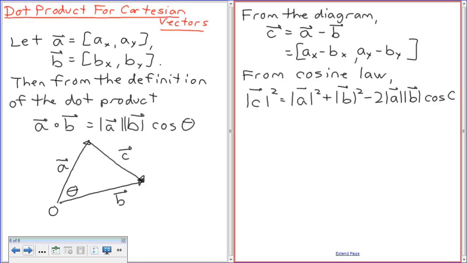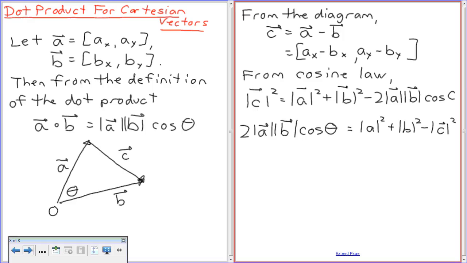Now, I'm going to change one little thing for you guys here. What's angle C in this case? Theta, whoever said that, right on. So I'm just going to reorganize things. I'm going to move everything over, and I'm going to say 2 magnitude A, magnitude B, cosine theta equals magnitude A squared plus magnitude B squared minus magnitude C squared.